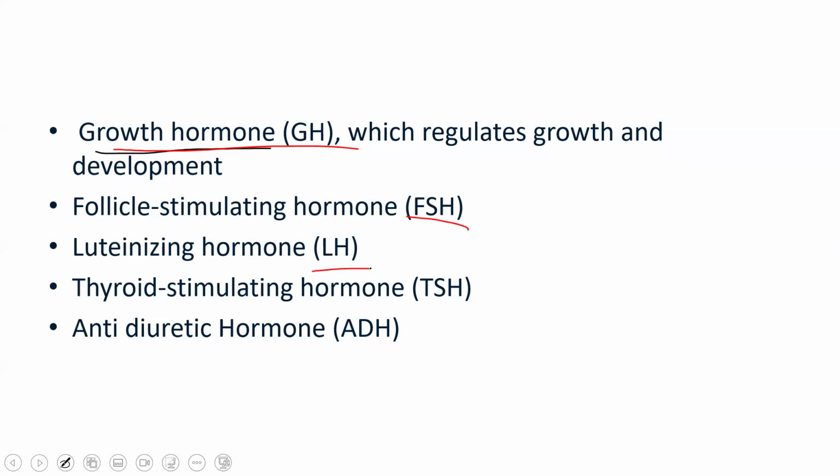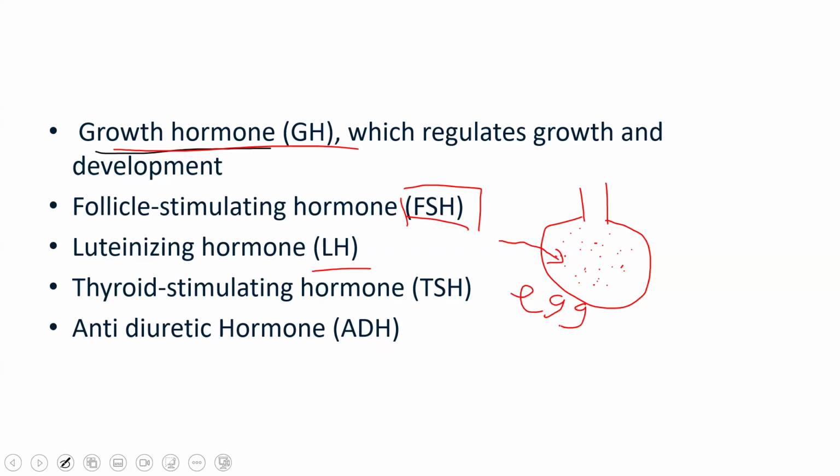FSH and LH are female ones. If I just draw an ovary, all the ladies, you've got literally tens of thousands of follicles in your ovaries, and you're born with 100,000 follicles. FSH is produced by the pituitary gland, goes through the blood to the ovary, and it stimulates one of those follicles to mature to become your egg.